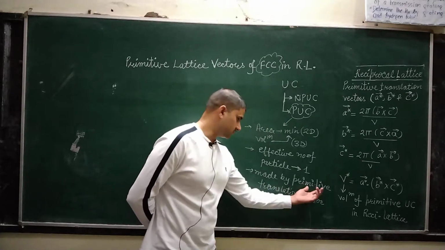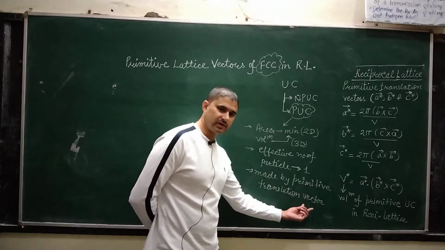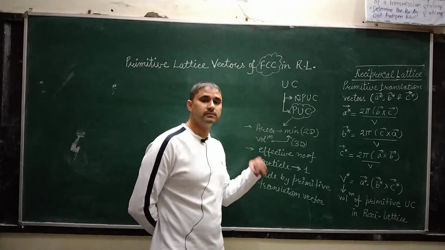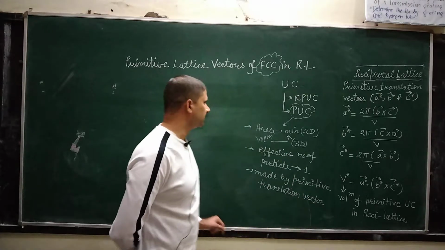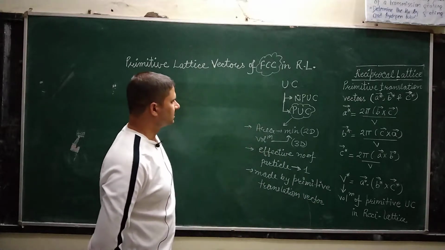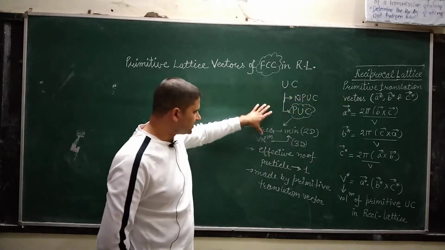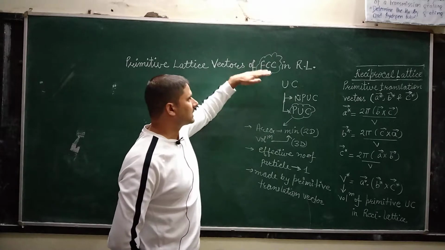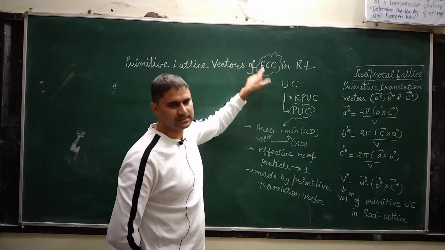There is a difference between primitive vector and primitive translation vector and simple translation vector. Translation vector is a combination of primitive translation vectors. So we have seen all these things and we will make use of these formulas and this basic knowledge to find firstly the primitive translation vectors in direct lattice for FCC.